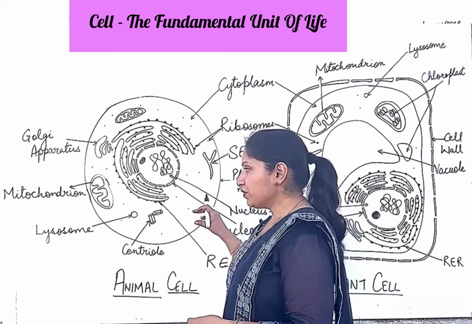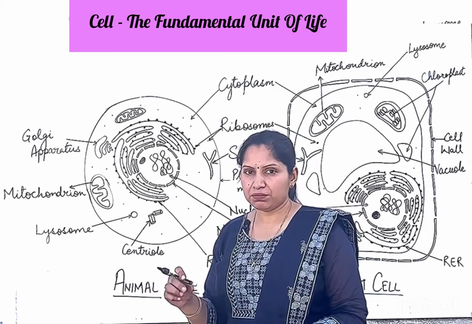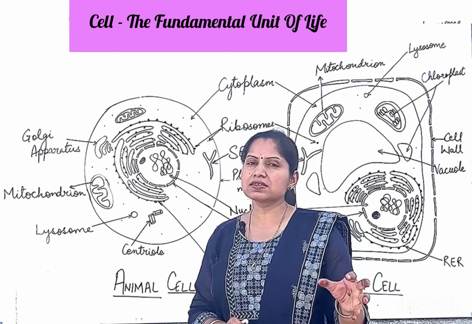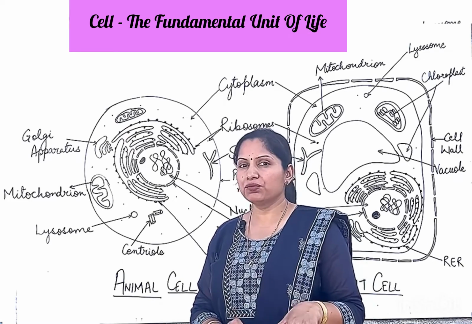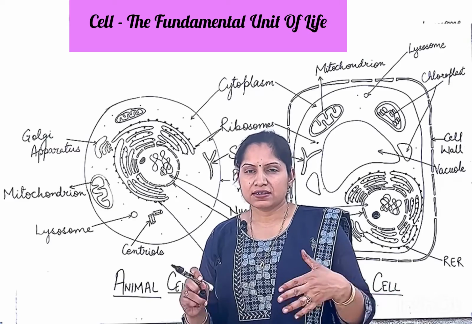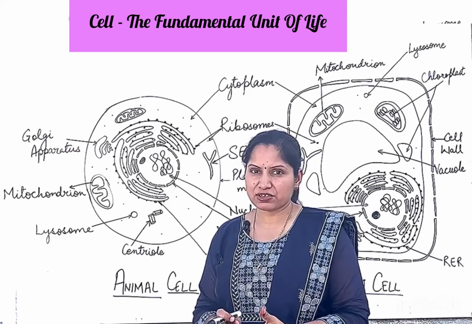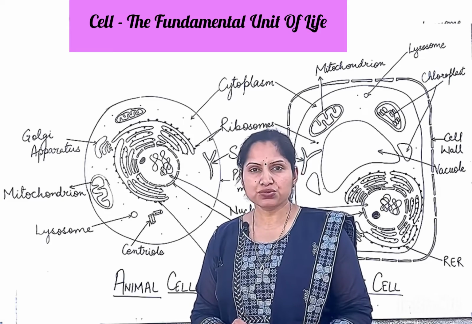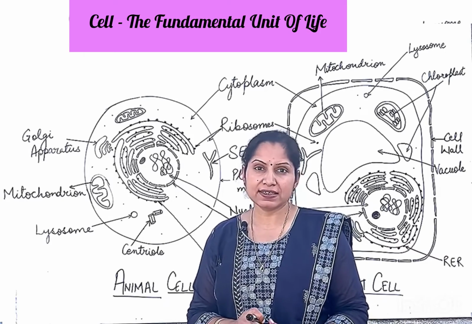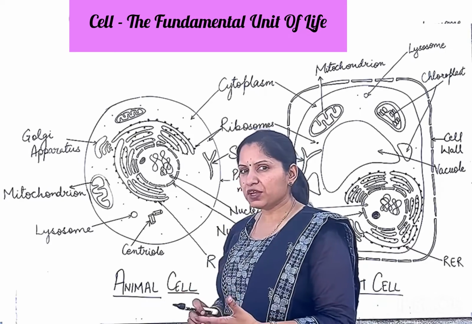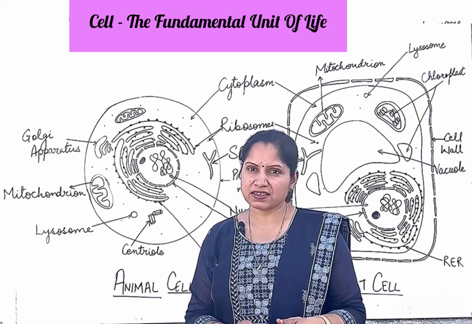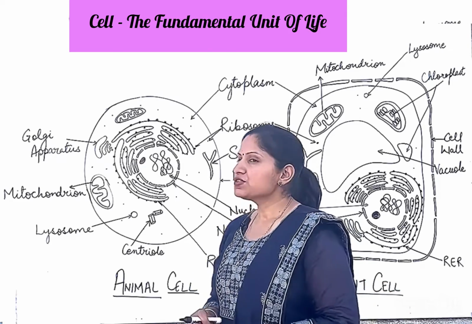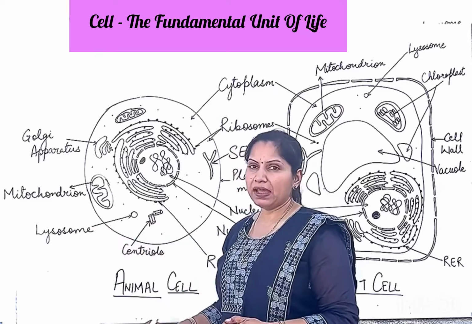But in an animal cell, lysosomes are very, very important, because in plant cells, usually the dead cells are not removed from the plant. The plant keeps its dead cells also. You will read in the next chapter, that is tissues, that a plant has many dead cells also. But in the case of animals, we don't keep our dead cells in our body, we just remove them. So that removal will be helped by lysosomes.